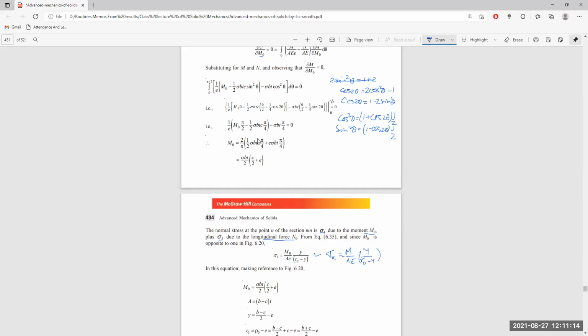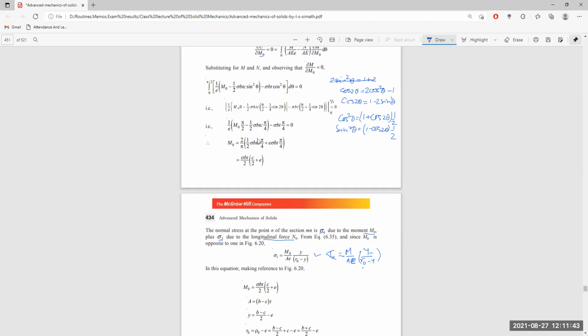Here M is the induced bending moment in the section, A is the cross-section area, e, not capital E but small e, is the eccentricity of the centroid to the neutral axis, and y is the distance of the concerned fiber from the neutral axis, and R0 is the radius of the neutral axis itself, R0 minus y.